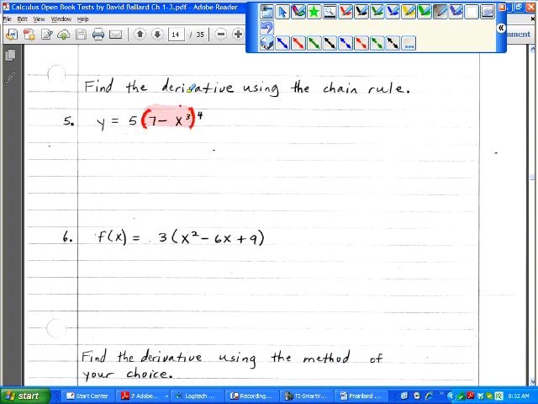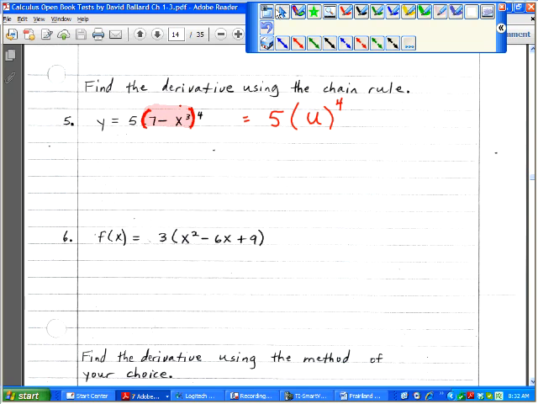So there's our single entity, which I call the guts of the function. We could think of it as U, and I don't usually write things in U form, but this would be like 5U to the 4th. And so we're focusing on the inside being U, or being a single entity, or as I call it, the guts of the function.